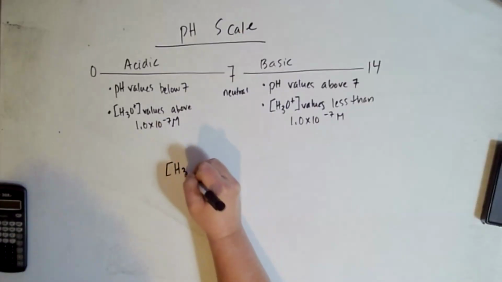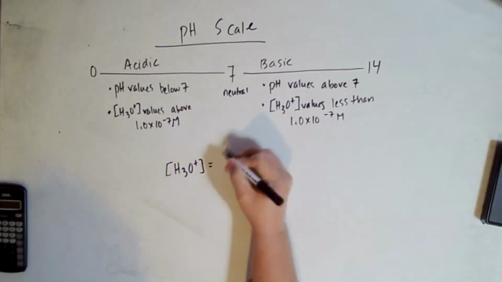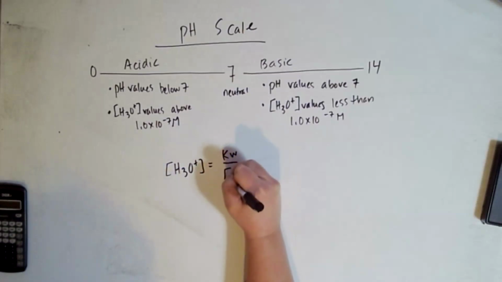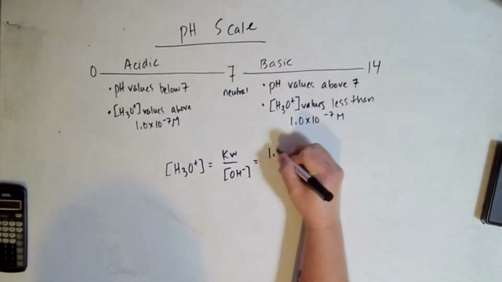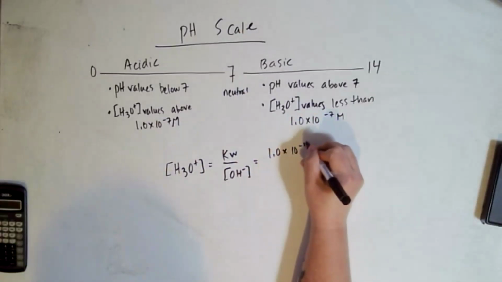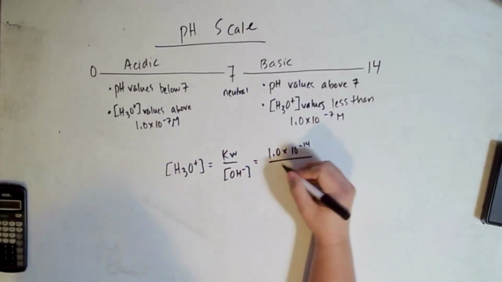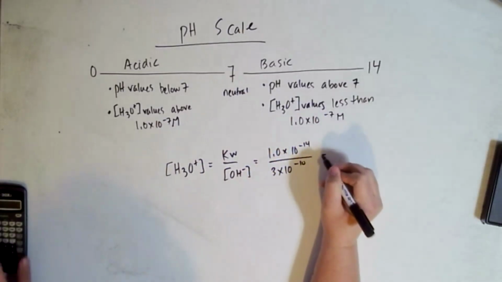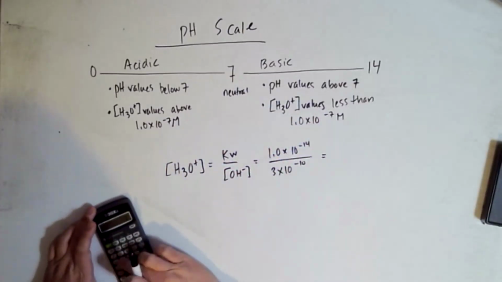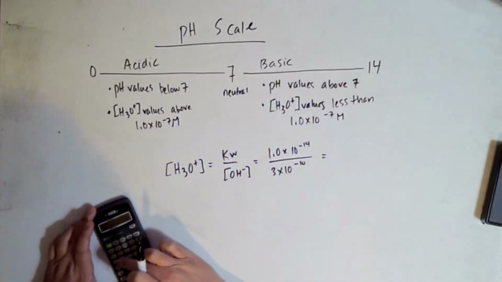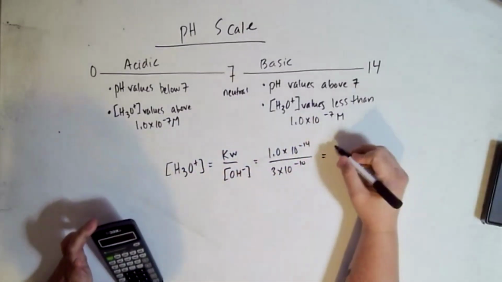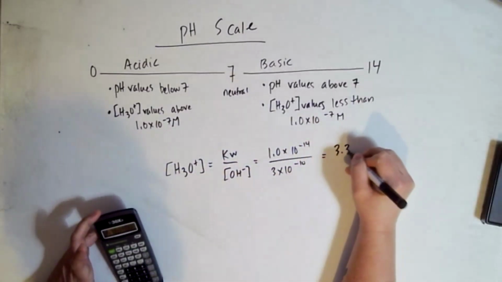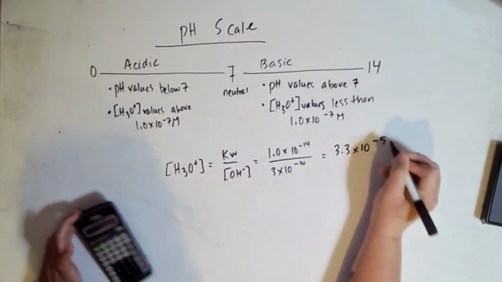We know that H3O plus is going to equal Kw divided by OH minus. So if you have a Kw of 1 times 10 to the negative 14 divided by a hydroxide concentration of 3 times 10 to the negative 10, you are going to have a hydrogen concentration of 3.3 times 10 to the negative 5.